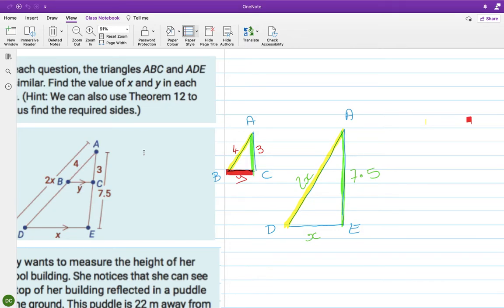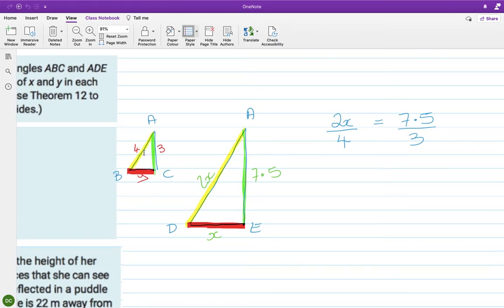And the one at the bottom there corresponds with the one at the bottom there. Yeah? Okay, so I'm going to go big triangle on the top with 2x and put it over the corresponding side, which is 4. And that equals big triangle 7.5 over 3.